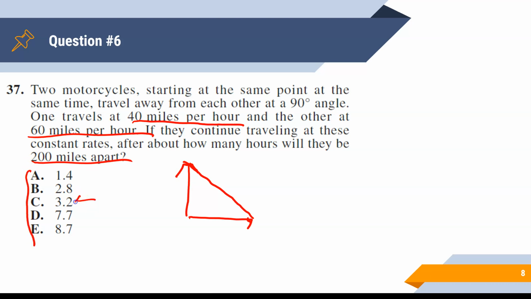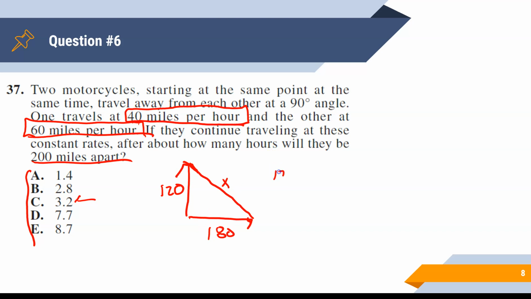I'm going to guess 3 hours first. So if we travel at 40 miles per hour for 3 hours, this would be 120, right? And 3 hours at 60 miles per hour would give us 180.